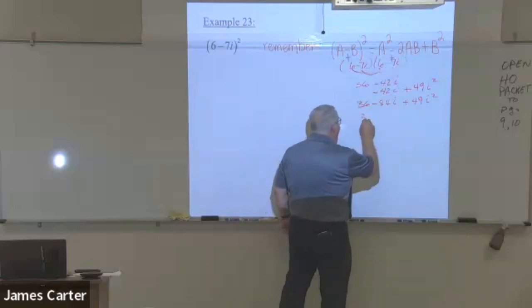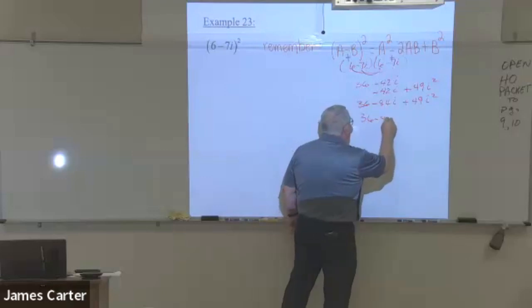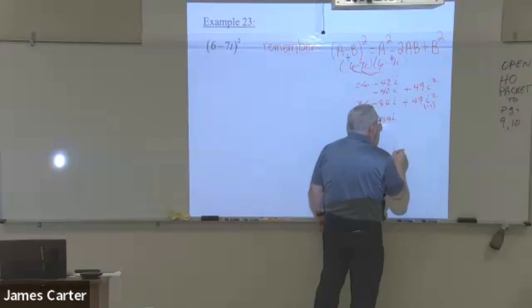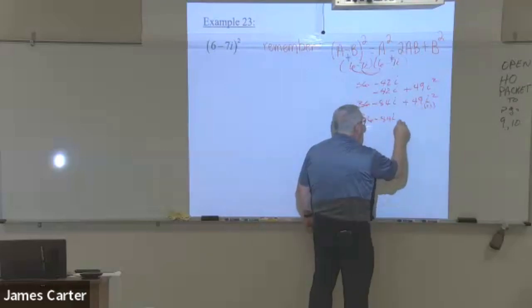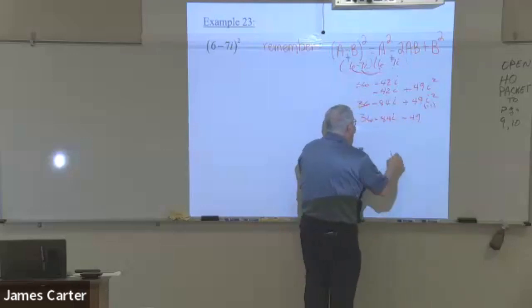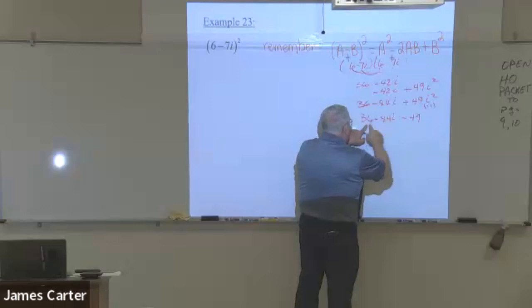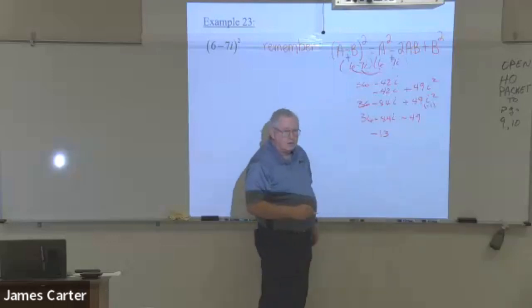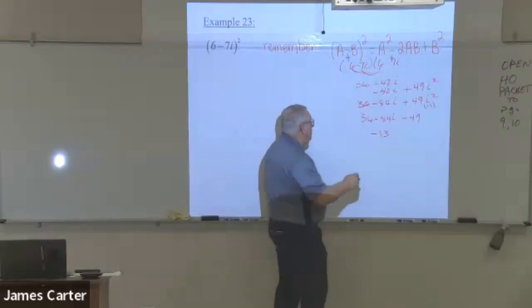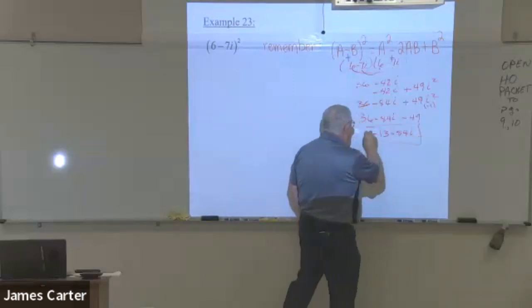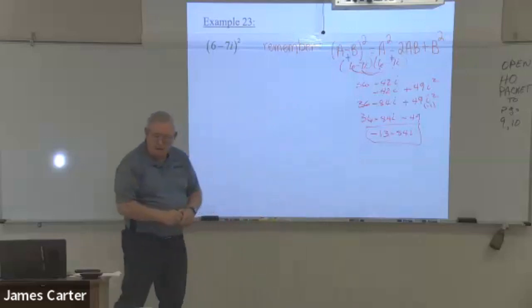Well, to finish this thing now, 36 minus 84i, let's do our replacement, minus 49. 36 minus 49 is negative, I don't know what, 13? Check me. Okay. Minus 84i, done. Okay.